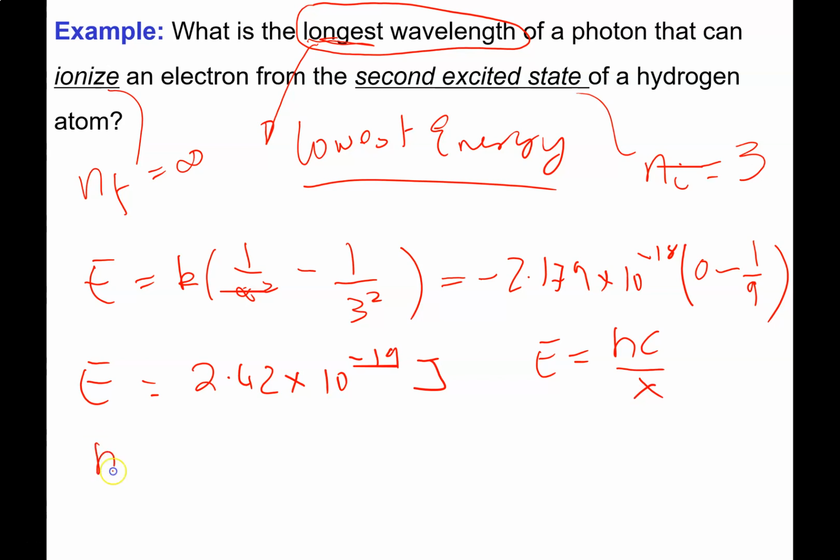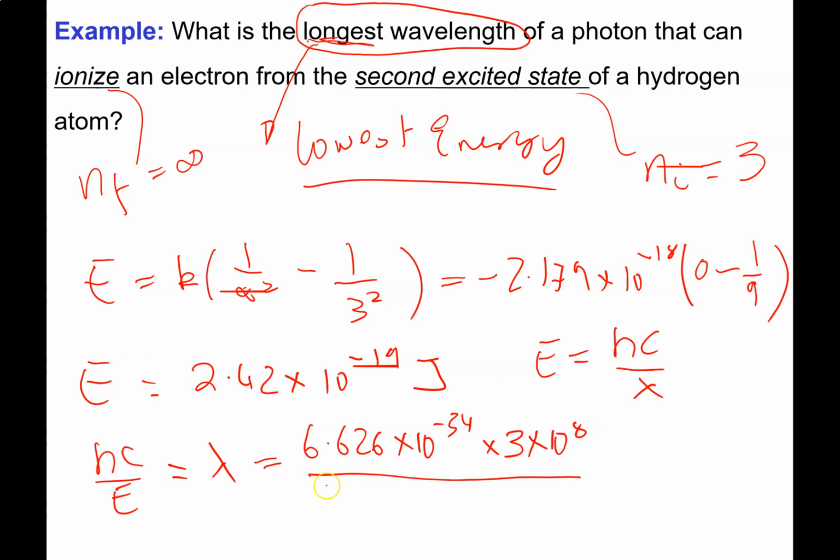So that means that hc on E equals lambda, so I can go ahead and calculate that, 6.626 by 10 to the minus 34 times 3 by 10 to the 8, and then I'm just going to put in the number that I had before, 2.42 by 10 to the minus 19, and I'll get a wavelength.